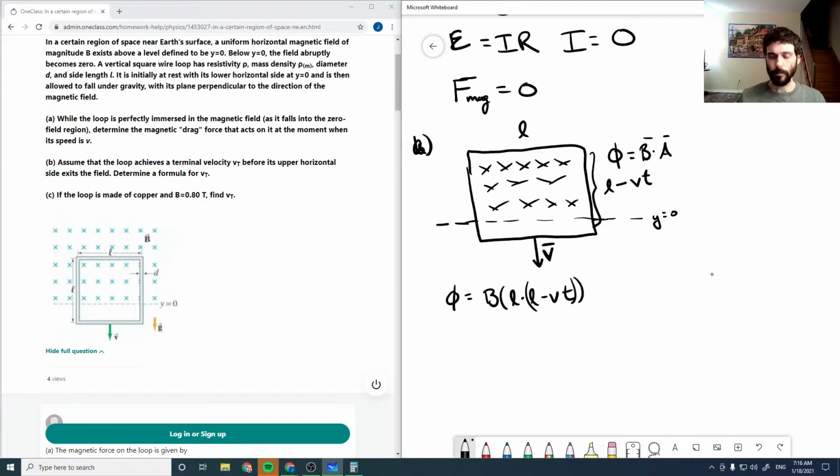And so then our EMF is minus d phi by dt, which is going to give us BLv. Because this is B times L squared minus Lvt. The derivative of this with time, this part's not going to depend on time, and this part does. So we're just left with BLv.